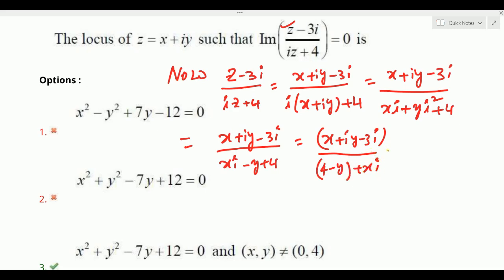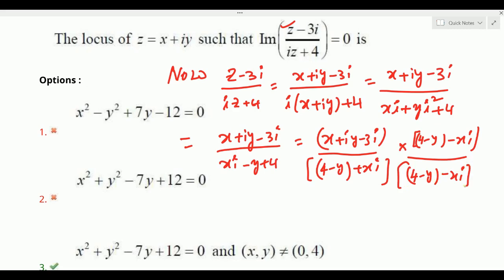Now conjugate the denominator. A plus ib conjugate is a minus ib. So we divide and multiply with 4 minus y minus xi.